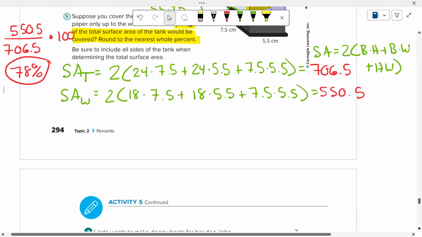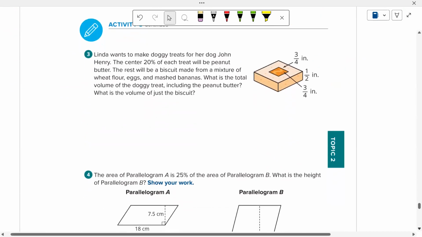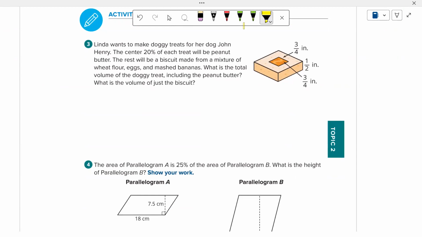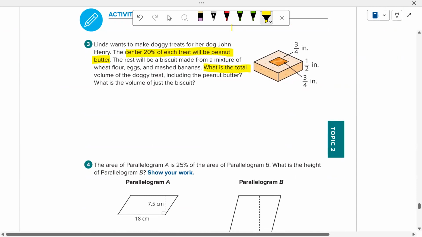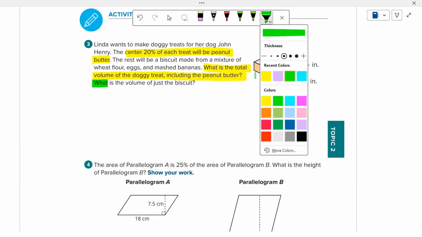We're going to go to number 3 on page 295. Linda wants to make a doggy treat for her dog, John Henry. The center of each treat will be 20% peanut butter. The rest of the biscuit will be made from a mixture of flour, eggs, and bananas. What is the total volume of the doggy treat, including the peanut butter? And then what's the volume of just the biscuit?